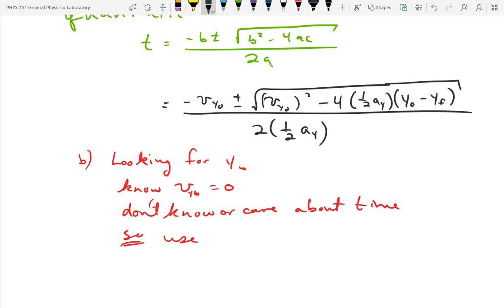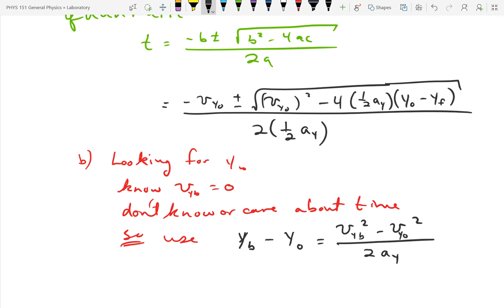So use the equation y final minus y initial is equal to v final squared minus v initial squared all over 2ay. Put the y's in there. Now in this case, my final is b, so I'm going to replace y final with yb.